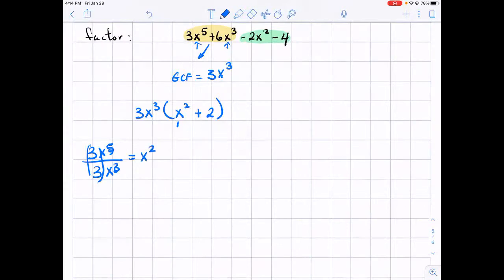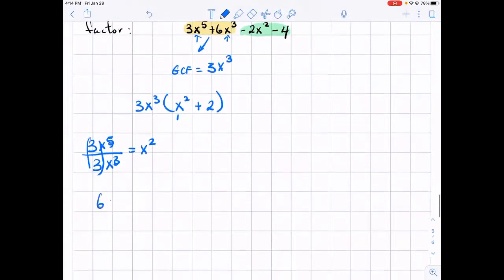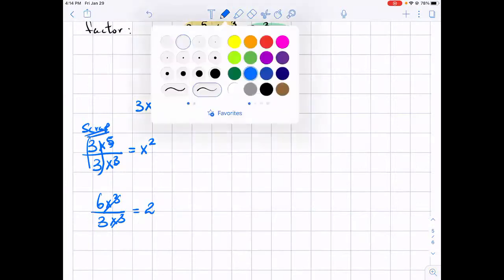We don't need to write the 1. And then I do the same thing. What is 6x cubed divided by 3x cubed? So the x cubed will cancel out, leaving me with just 2. That's where I'm getting this 2 from. So this is our scrap. When you get the hang of this, you don't have to do the scrap as I'm showing you now.